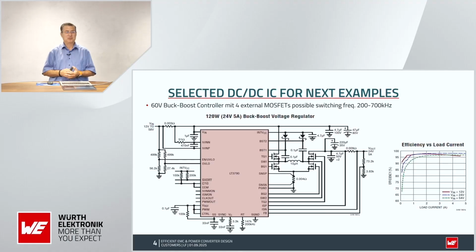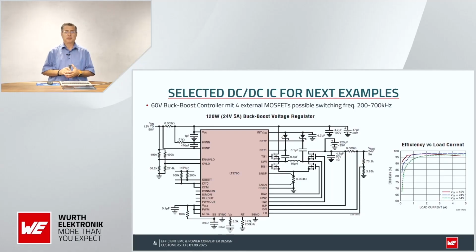So let me start with the selection of the IC. When I select the DC-DC converter, I always start by selecting the controller. This is the LT3790. If you look at the datasheet from Analog Devices, which you can download, you will see that the efficiency is almost above 95%, depending on your input current.